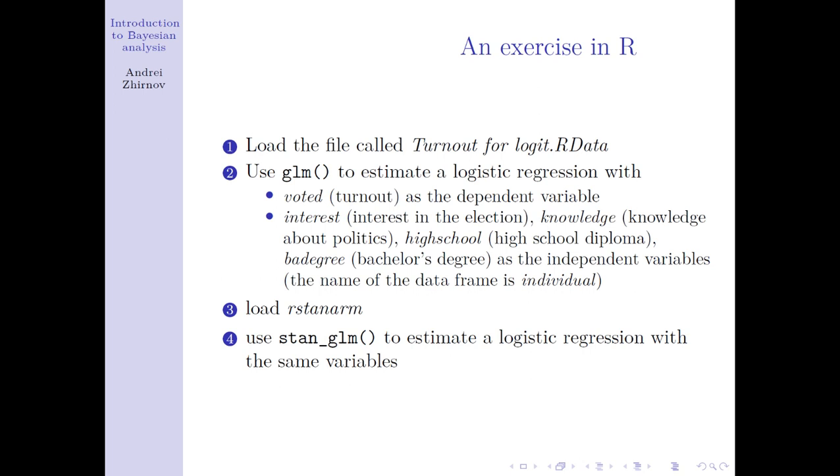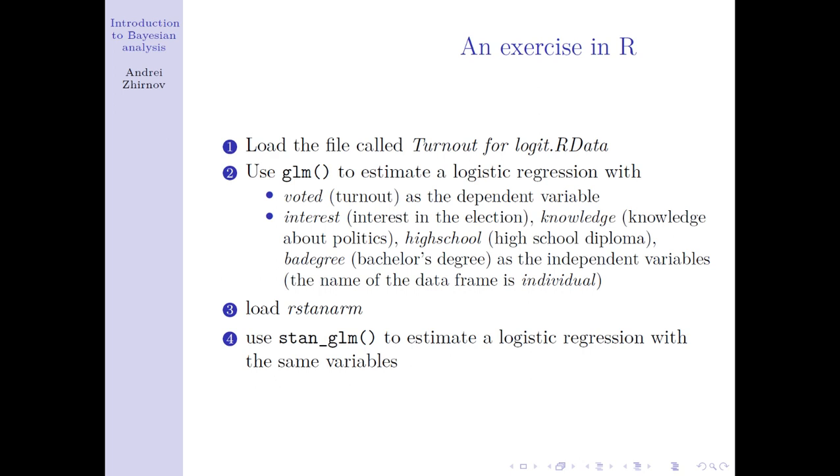Once you have successfully run this estimation, you will have a version of syntax that can be used for running logistic regression with MLE, and because of the ease of use of rstanarm, you will also have a version of syntax that can be used for computing the estimates for logistic regression using Bayesian estimation.